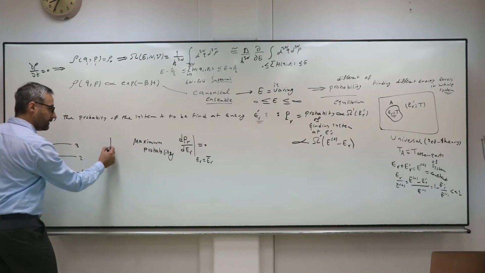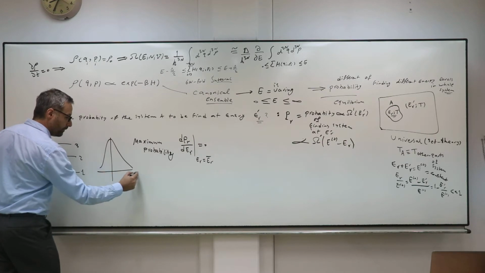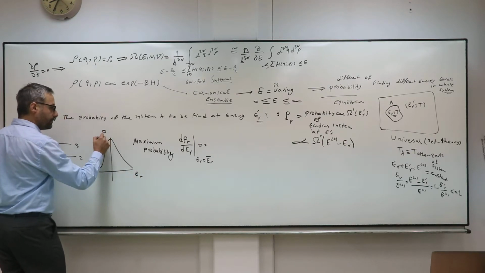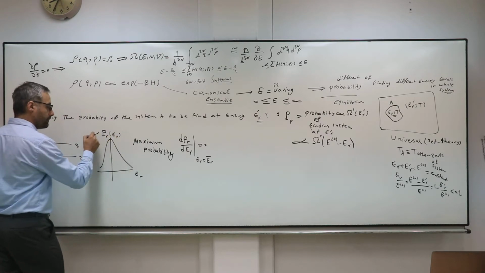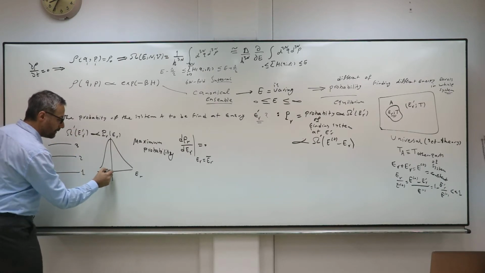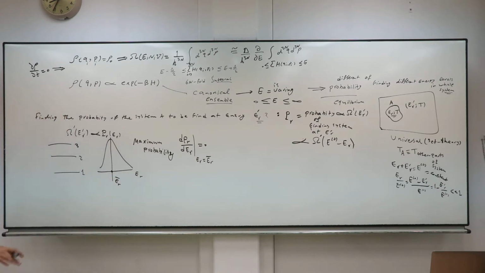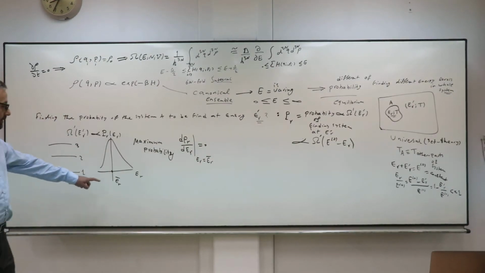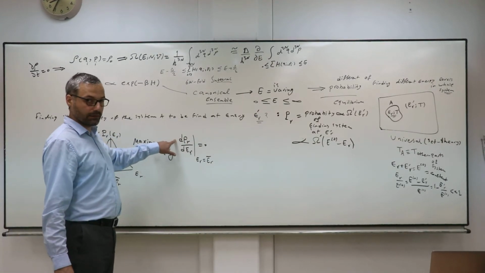We don't know exactly when this peak will appear, if this is ER and this is P of ER, which is proportional to omega prime R. It will have the maximum at some value, and we don't know that, but we say that it will happen at some point, and this is the maximum point for the maximum probability.